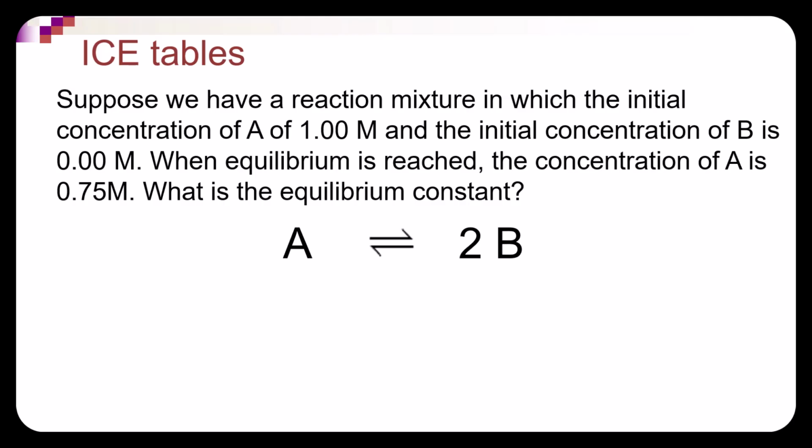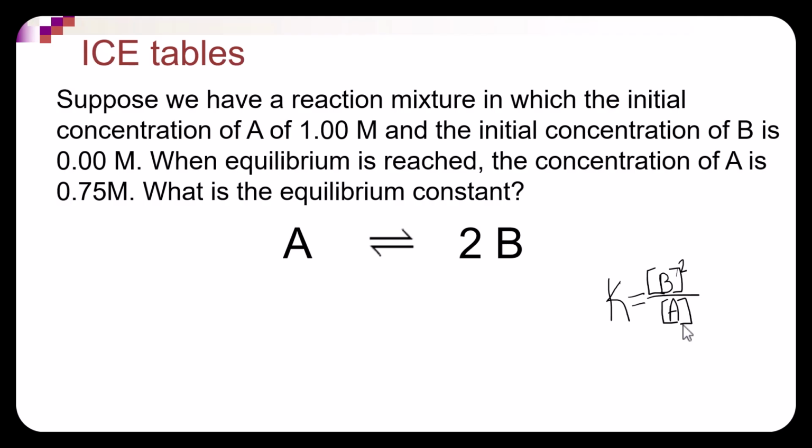There's a couple different ways you can start. I like to write the K value over to the side so I remember what my destination is. So remember, K equals concentration of products over reactants. So we've got products, which is B, and that coefficient is going to become the exponent, over concentration of reactants, which is A. So eventually, I'm going to want the values to go in here.